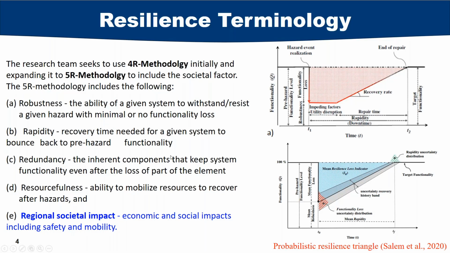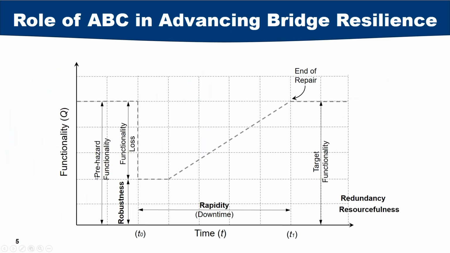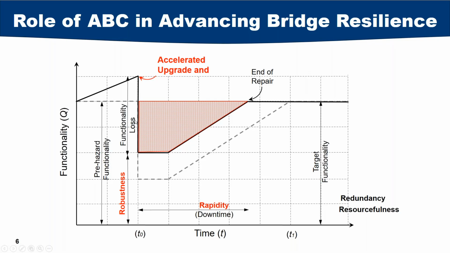This project is also trying to extend 4R to 5R, considering regional, societal, and economic impact, and the role of ABC, or accelerated upgrade or accelerated repair. In this chart, if we assume accelerated upgrade, we would be able to increase the pre-hazard functionality. If you assume the same effect of the hazard, you will have the same functionality loss, but you will inherently increase robustness.